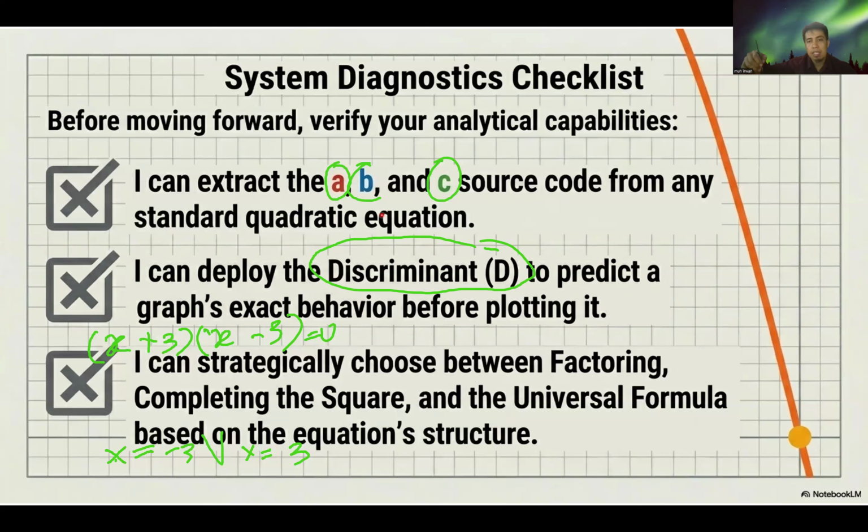And the last, if D is less than 0, it does not touch the x-axis. And the last is you can strategically choose between factoring, completing the square, and the universal formula based on the equation structure.